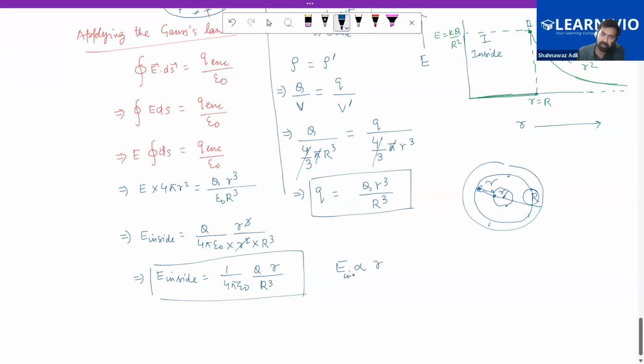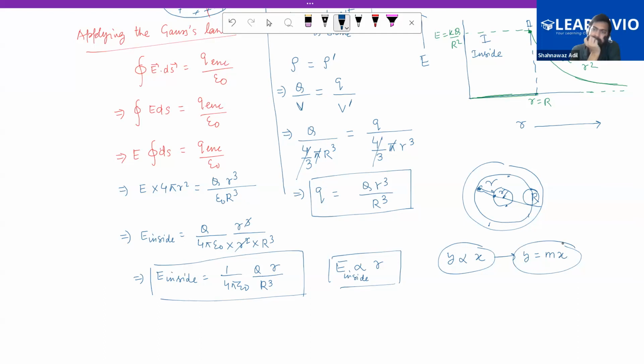And what is the geometrical meaning of this thing? What is this graph? Y proportional to X. Let me write it clearly. Y equals mx. What is this graph? It's a slope. Slope is this thing, M. Yeah, you are nearly there.